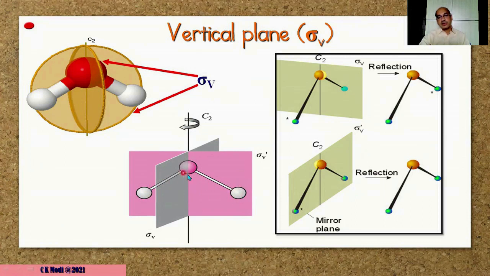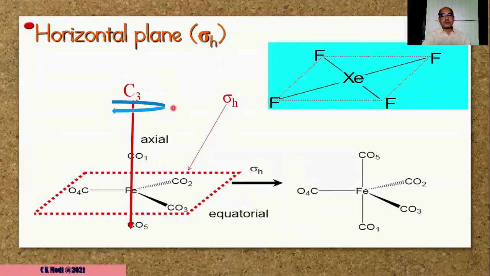Same way, this atom on the front side and the back side. So it cuts the molecule into two parts, both mirror images of each other, as well as parallel to the rotation axis. So how many sigma V planes are present in the water molecule? Two sigma V, 1 and 2.